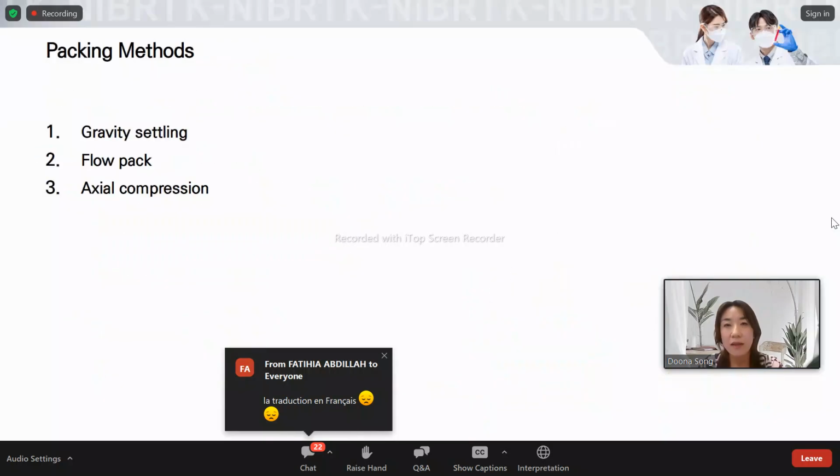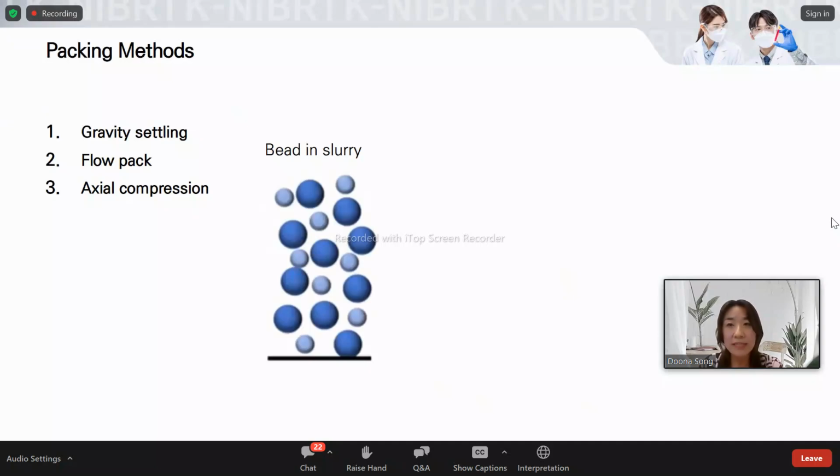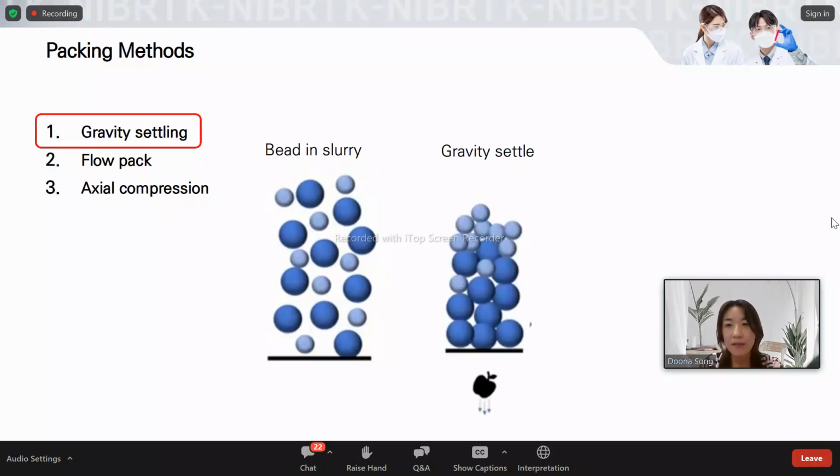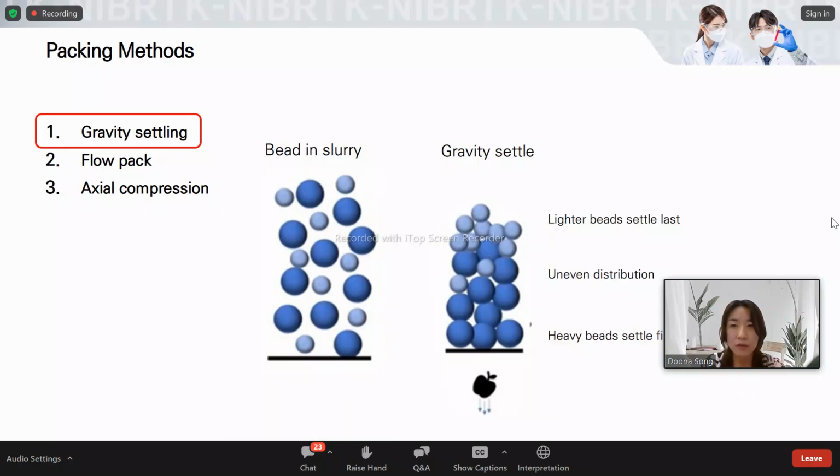So next, let's talk about the main packing methods: gravity settling, flow packing, and axial compression. First, to pack the column, we need to prepare the resin as a slurry in a specific buffer or solution. In gravity settling, this method involves letting the resin settle just by gravity. However, using gravity alone can result in uneven packing.